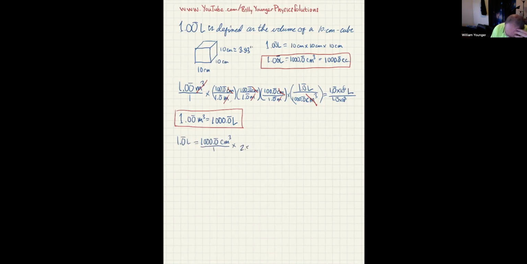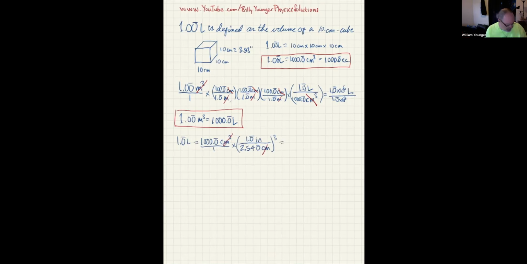I know that 2.54 centimeters, so I'll put a 0 after it with a bar over it, is exactly 1.0 with a bar over it inches. Now, obviously the centimeters are cubed, so I'm going to need to cube that too. So I'm just going to do that by cubing the whole thing, and I think you guys will all get that. So now this cubic centimeter cancels out with that cubic centimeter, and I'm left just with cubic inches.